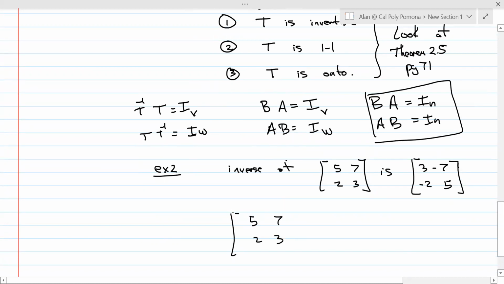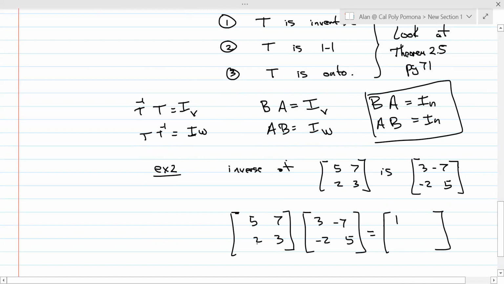The matrix with rows 5, 7 and 2, 3 times the matrix with rows 3, minus 7 and minus 2, 5. So in the usual sense, you're going to end up with a 2 by 2. 5 times 3 is 15, minus 7 times 2 is 14, so this is 1. And 2 times 3 is 6, minus 3 times 2 is 6, so that would be 0.